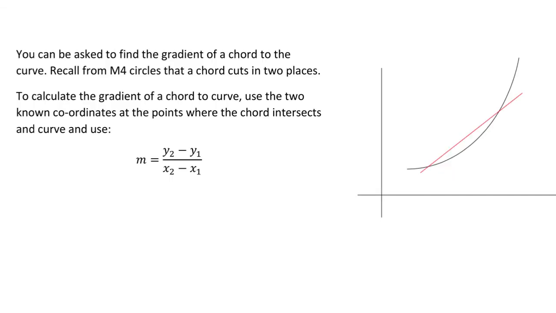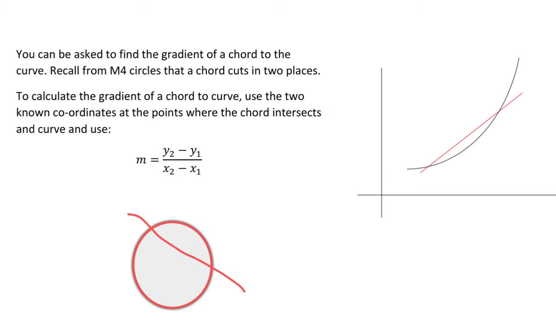We may be asked to find the gradient of a curve, or a chord to a curve, sorry, and a chord cuts 2 places. So again, if we think back to a circle, a chord is any line that cuts through it at 2 different places.